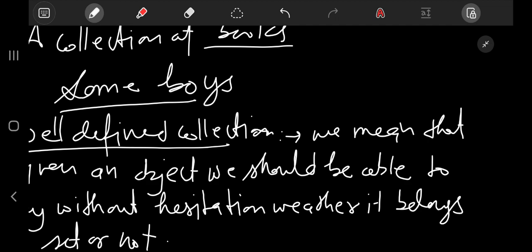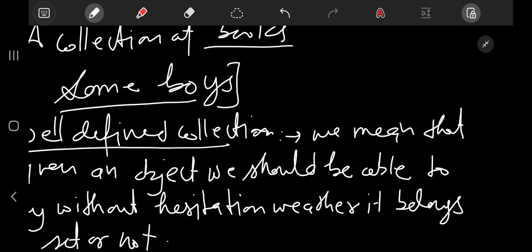Okay, how? We can take here some boys. If we choose a boy, we do not have any specific criteria to include or exclude this boy from this collection of some boys, from this group of boys.